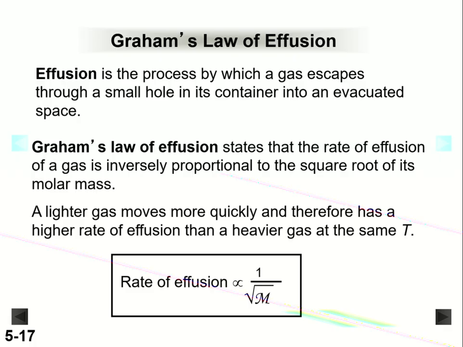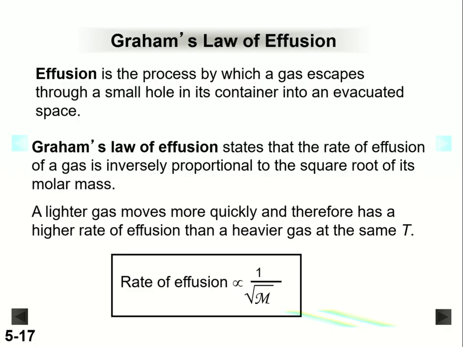So gas will escape from the high pressure region to the low pressure region. Effusion is this process by which the gas escapes through the small hole in its container into an evacuated space. So it just randomly moves until it finds the hole and out it goes.